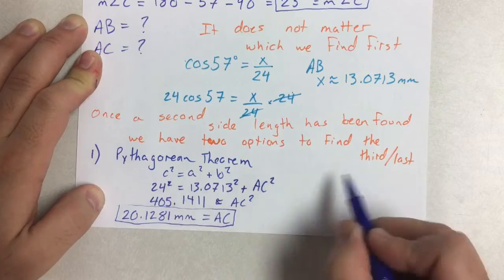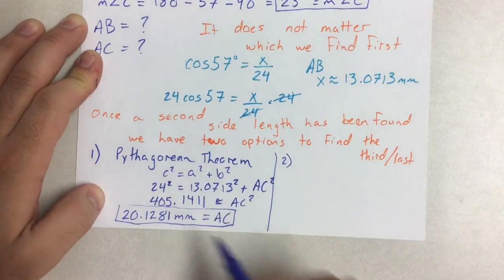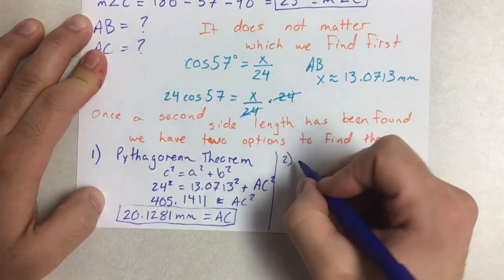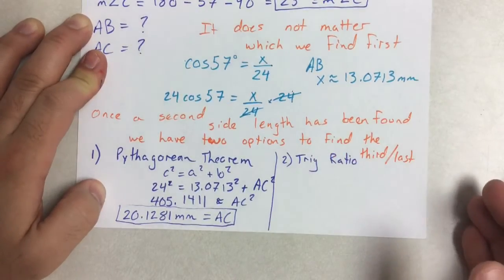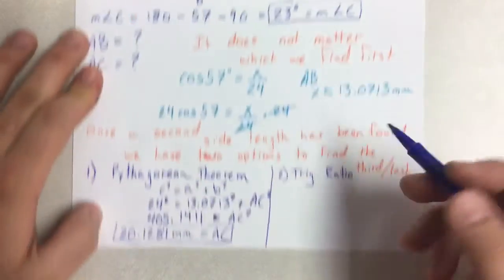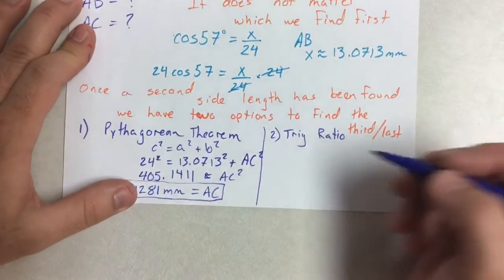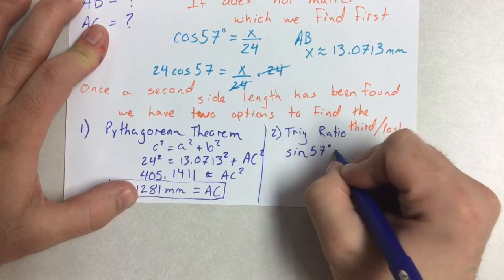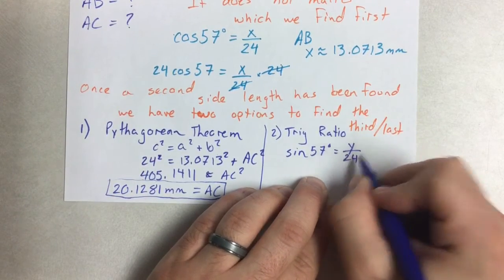Looking at this second option, understand that we should be getting the same thing. When we use trig to find our first length, we can actually use a trig ratio to find our last leg. Now we were looking for the adjacent, and now we're looking for the opposite. Opposite and hypotenuse would be sine. So sine of 57 equals y, since we've already used x, over 24.